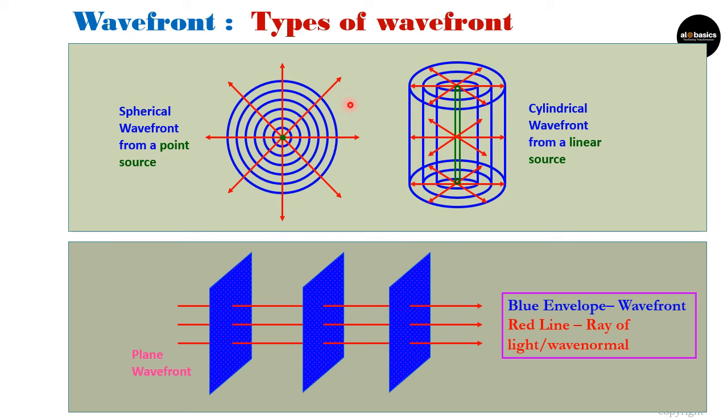Here also you can draw n number of spherical wavefronts, cross sections of spherical wavefront. Here also you can do the same thing. So this is about types of wavefront. Now I don't think that you have any confusion regarding types of wavefront.